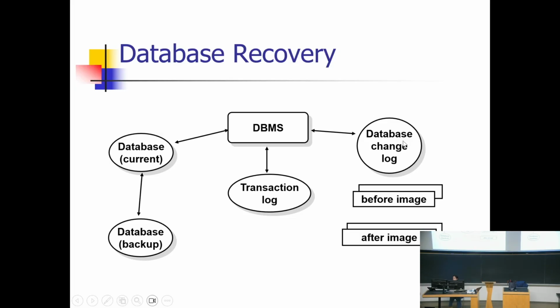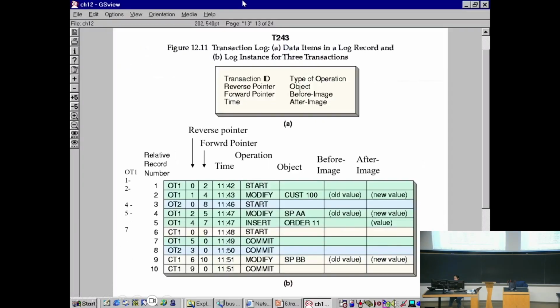This database change log can sometimes be called, in modern databases, just a log file. So this is the same as the database change log. What is an example of this? Here is an example. This table shows what the transaction log actually looks like internally.